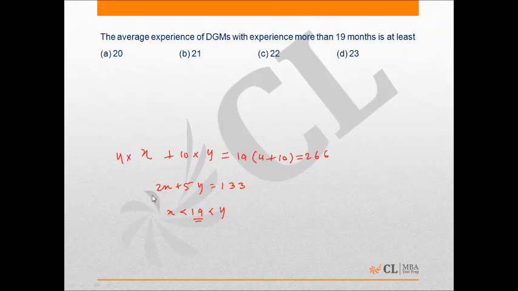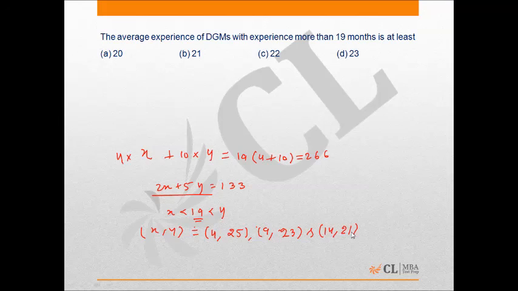So on checking, the solutions that we get for x and y are 4, 25; 9, 23; and 14, 21.